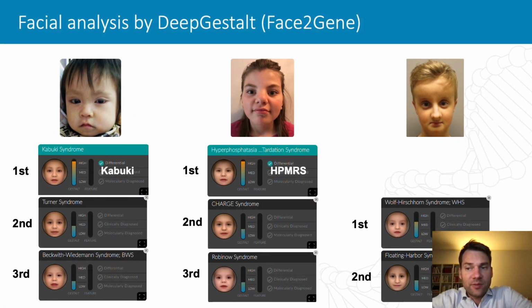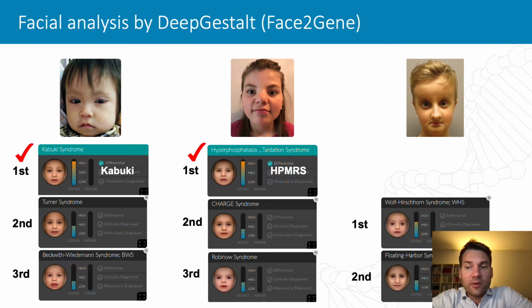Look at the performance of Deep Gestalt, which is the default algorithm within Face2Gene, on the test cases with Kabuki and Mabry syndrome. The Gestalt score that is achieved for the correct diagnosis is very high and brings it to the top of the list.